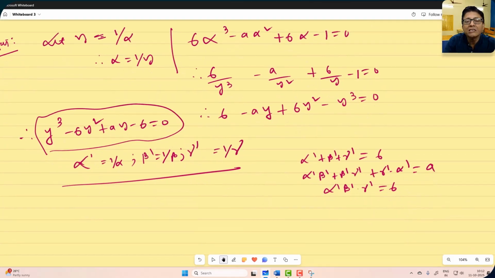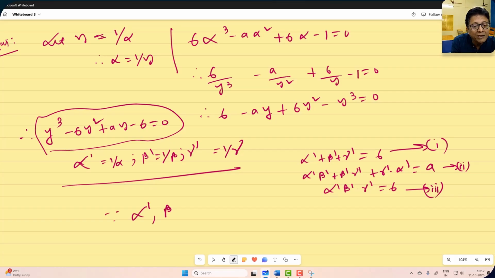Okay, the AP condition I haven't used so far. Their being in AP means the roots alpha dashed, beta dashed and gamma dashed are in AP. Since they are in AP, their sum gives 2 beta dashed.